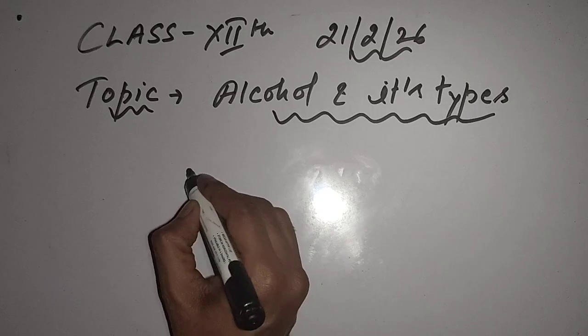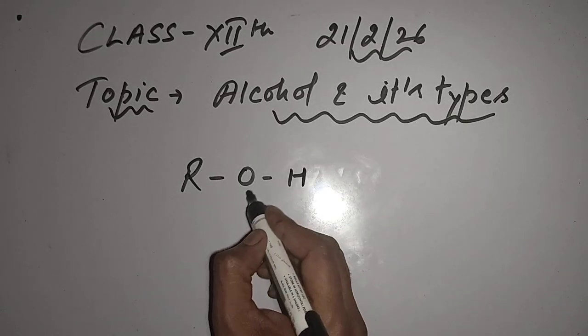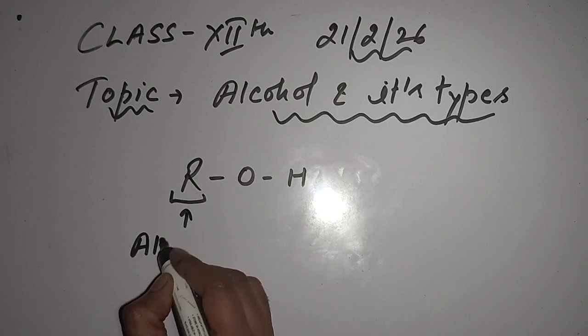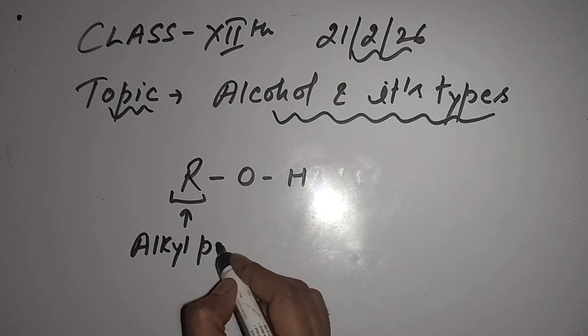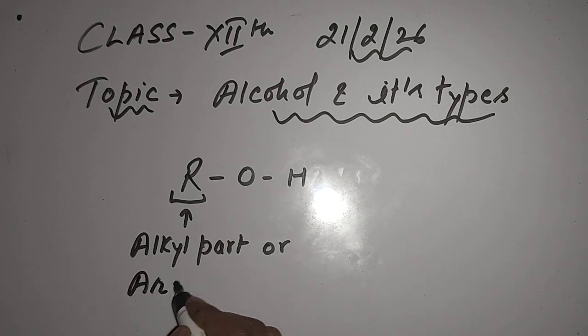The general formula is ROH, where R is representing the alkyl part or aryl part.